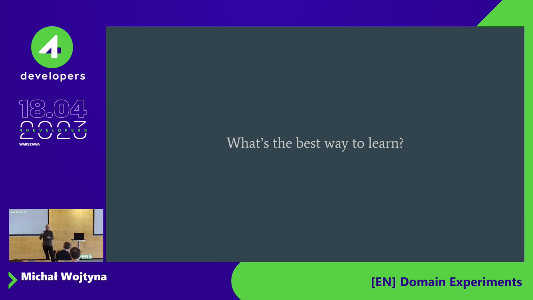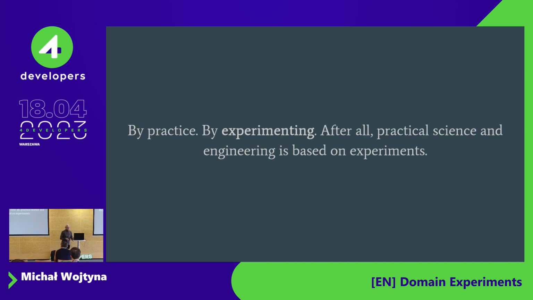By getting our hands dirty on some very specific code and then trying to understand the bigger picture. So by practice, in my opinion, by experimenting. And basically all practical science is all about experimenting, about trying stuff, right? Verifying some hypothesis, just like Jakub said in the previous presentation.